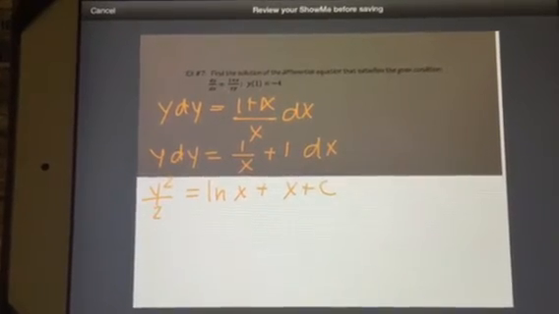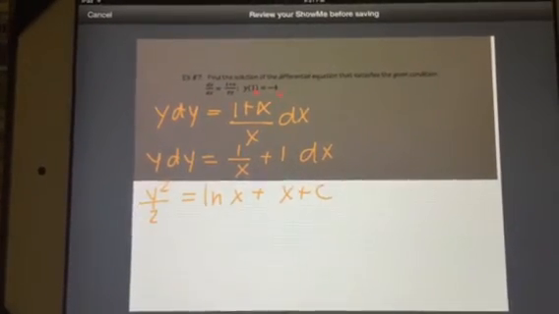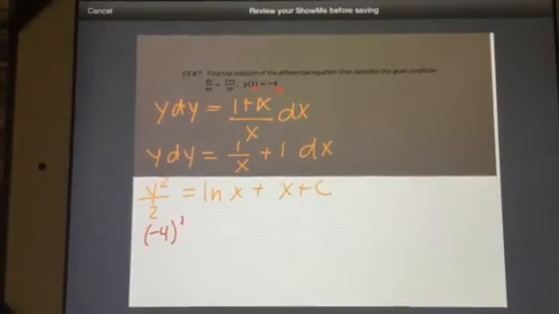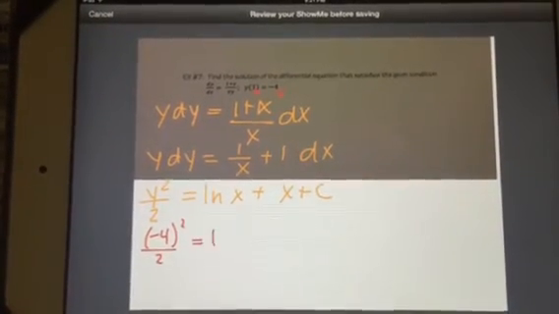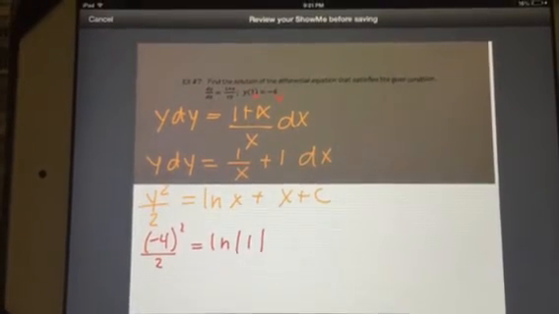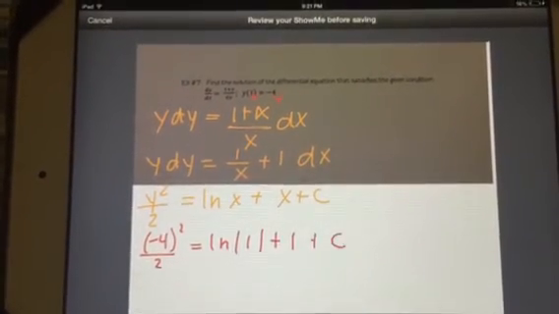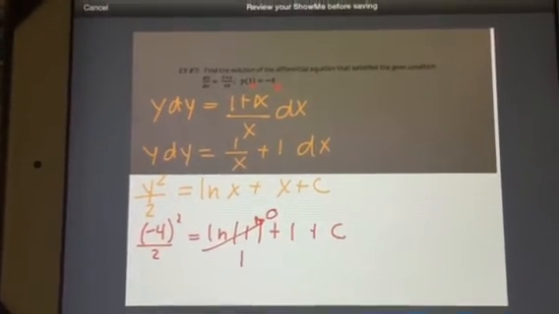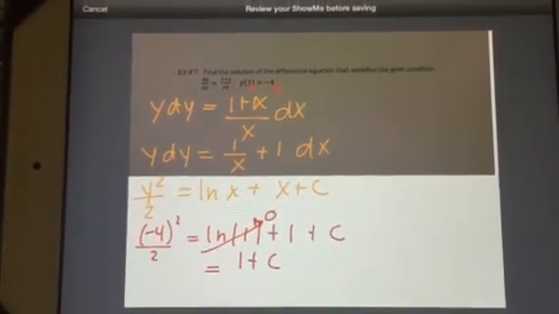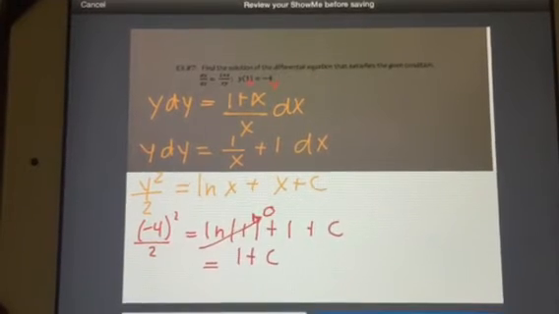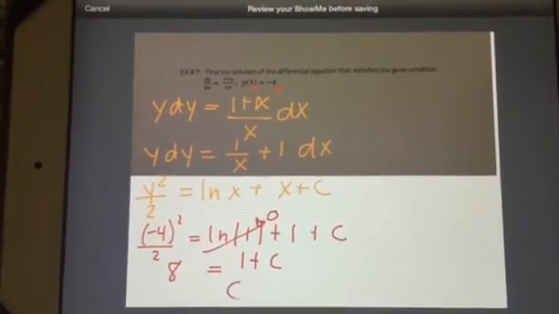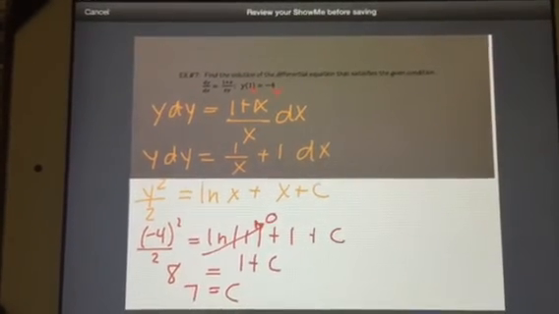So we have x here, y here, so negative 4 squared over 2 equal to ln of 1 plus 1 plus c. We know that ln of 1 is 0, so we have 1 plus c equal to 16 divided by 2 is 8, so c is equal to 7.